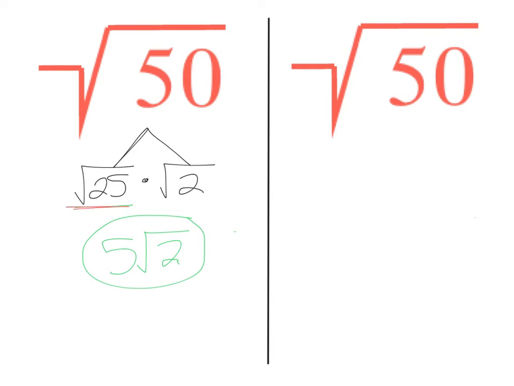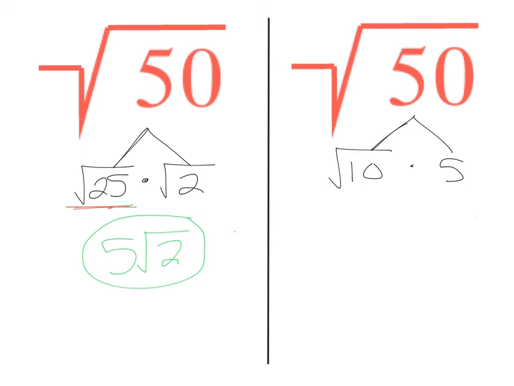Knowing perfect squares that can go into your radicand that you're trying to simplify makes the process just a little bit easier. If you don't know your perfect squares, you could still solve it. For example, there are other numbers you can use to get 50, like 10 times 5.